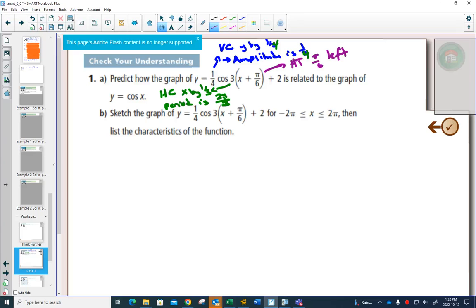So now our maximum is going to be shifted pi over 6 to the left. And finally, the last thing on here is the +2. That's a vertical translation, 2 up. And that means our sinusoidal axis is going to be at y equals 2.